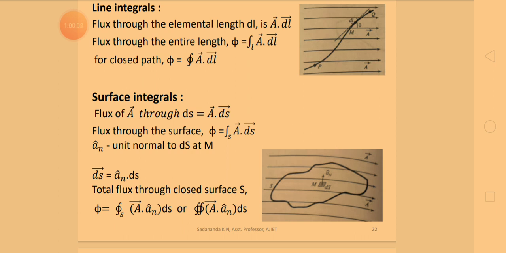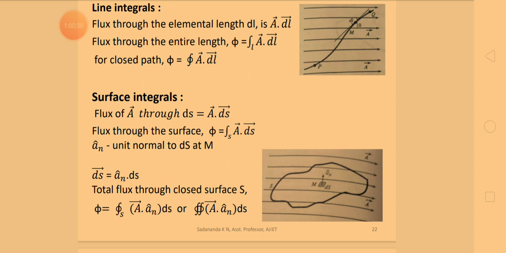It means the number of the vector field lines passing through the elementary surface ds is vector A into vector ds. Now the flux of the field through the surface S is evaluated by integrating A ds, that means vector A into ds over the entire surface S. That is quite obvious because the total surface is nothing but the algebraic sum of the small surface areas of the total surface.